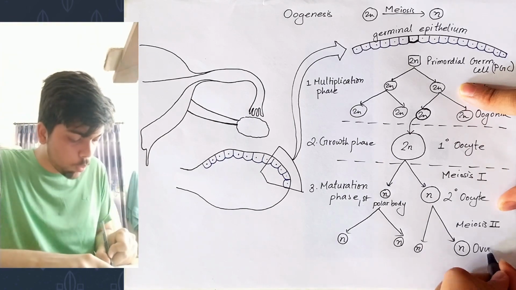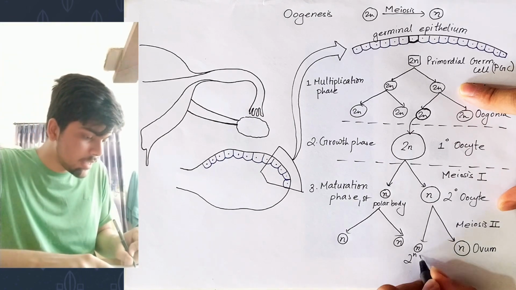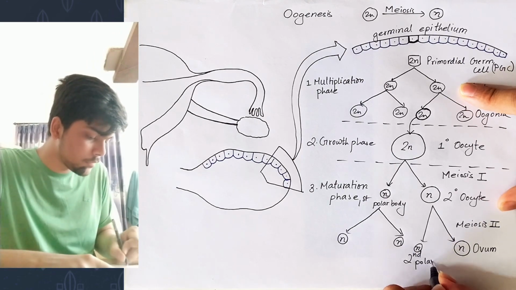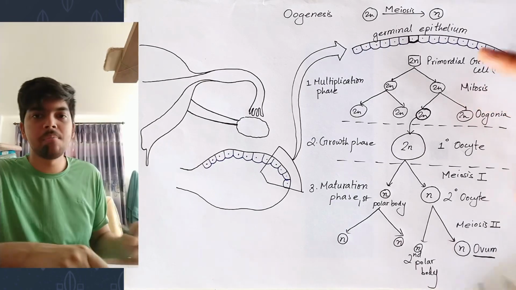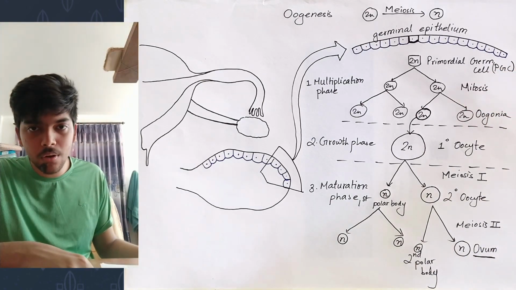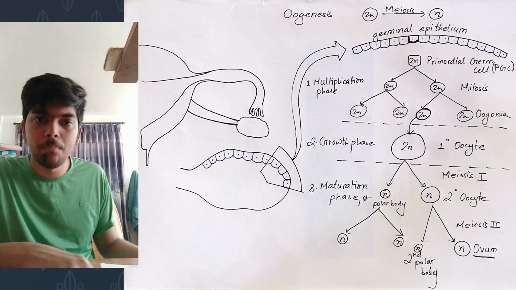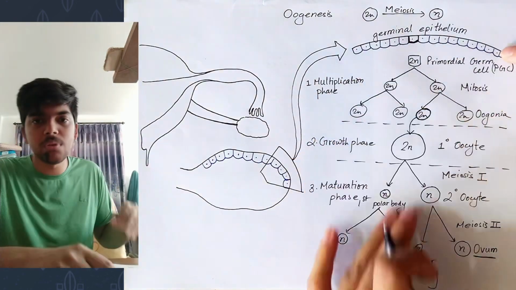This is ovum. This is the second polar body. It is the ovum that gets fertilized by the sperm to form a zygote, which later develops into a baby. So this is the whole process of oogenesis.